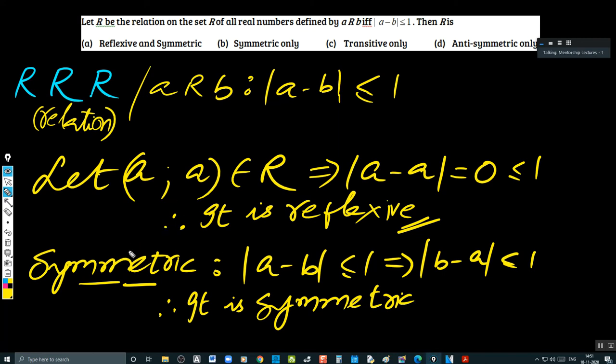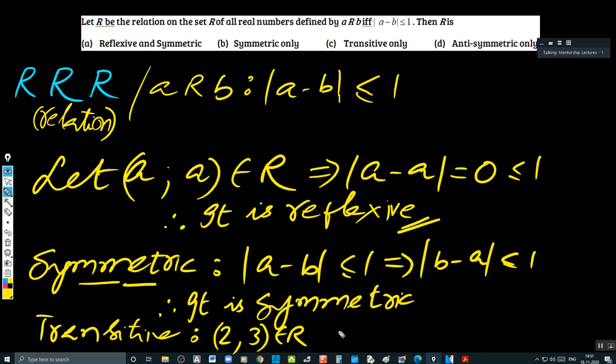Okay. Next, transitive or not? For example, if I take 2, 3 belongs to R and 3, 4 belongs to R, implies 2, 4 belongs to R or not?